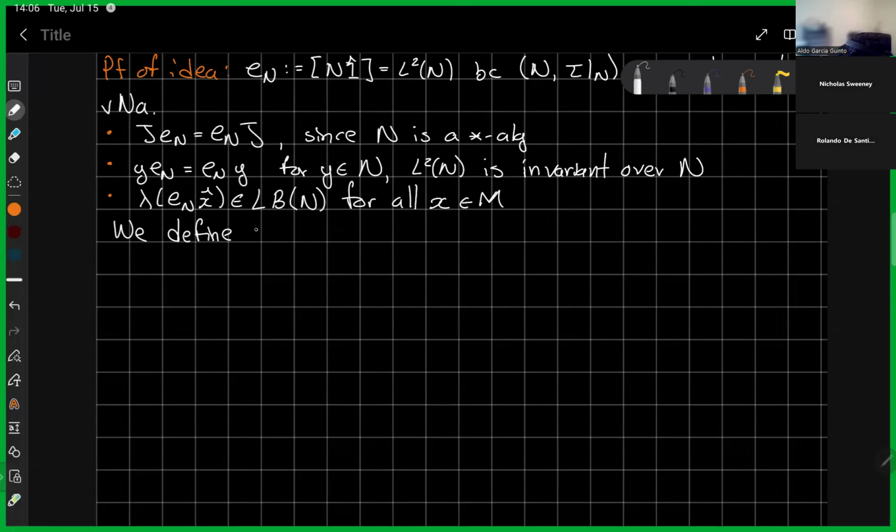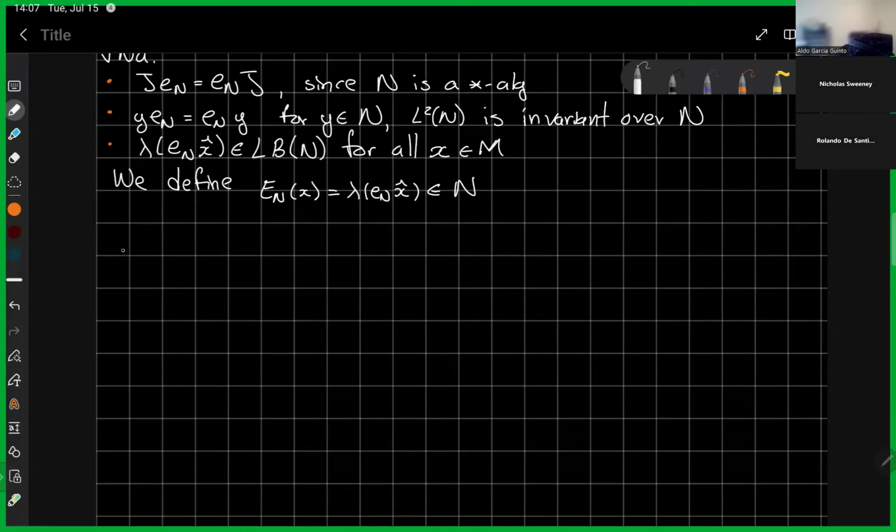And so En of x is going to equal lambda of En x hat, which is going to be in N. This operator satisfies En x, also x is in M.